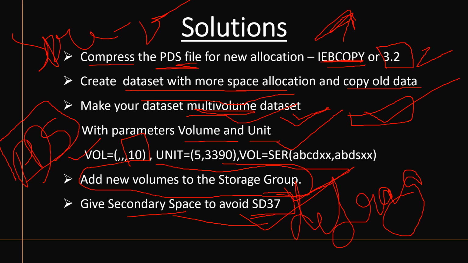But remember, when you increase the primary allocation, the data set will look in one volume. If you give 10,000 tracks in primary and 0 in secondary, it will search for that in a single volume. If it doesn't find a single volume, it will fail with SB37, that is B for book. So it's better to balance primary and secondary.